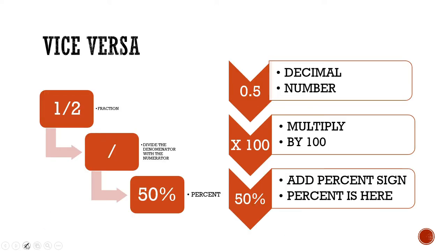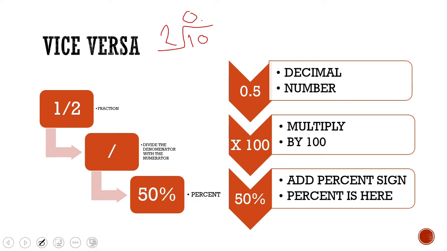Now, vice versa, which means from a fraction or a decimal into a percent. Now, 1 over 2, that is the fraction. Divide the numerator by the denominator using long division. Here is my long division. 1 divided by 2: there is no 1 in 2, so I make it 10 and add a decimal point and a 0.